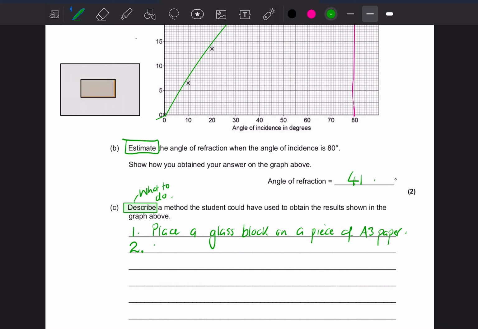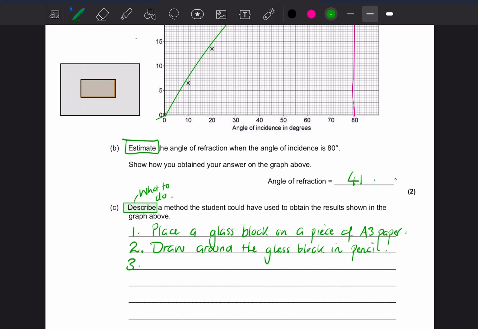So step two is to draw around the glass block. Again, mention what you use. So in pencil, right? It might not be the most important thing, but you're making sure each time saying what to do and what to do it with.